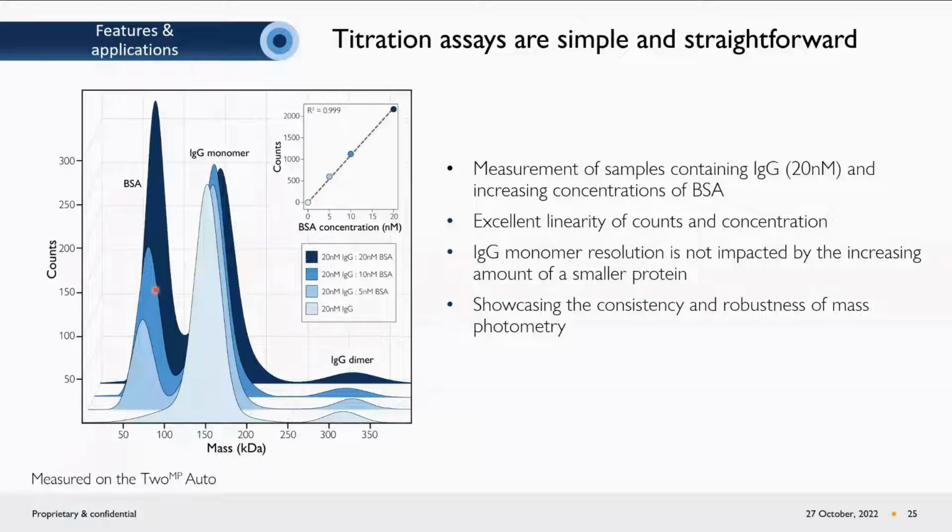It's not impacted by the increasing amount of BSA. So that shows the robustness of the system, because this small peak could, for example, also be a contaminant in your protein concentrate, in your protein mixture. And despite having a huge abundance of small proteins there, the IgG is quite well resolved and also has the same peak height. So it shows that we're pretty robust against any contaminations. You would see them, but it doesn't affect the measurement.